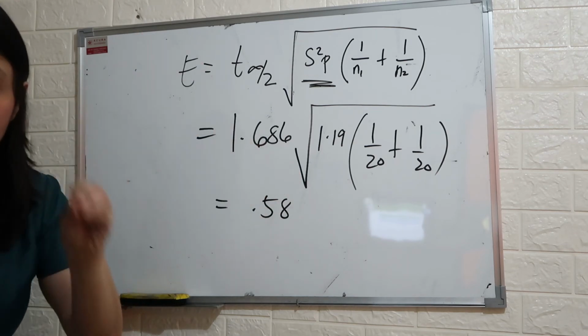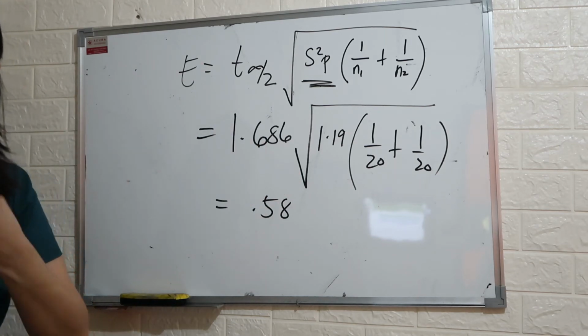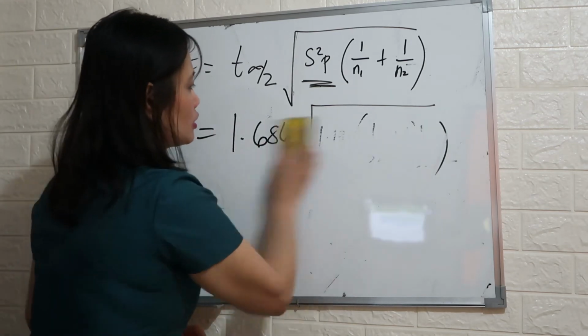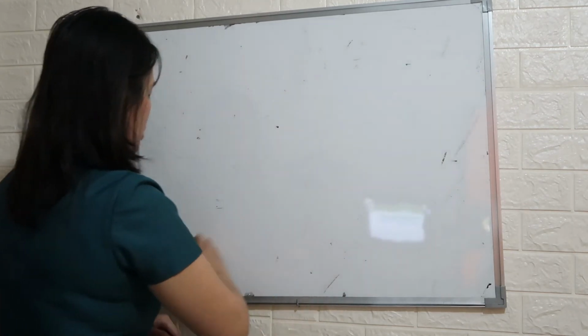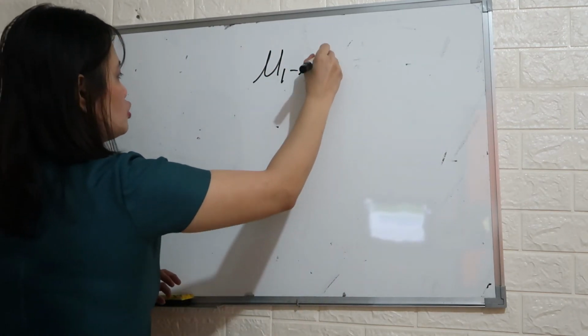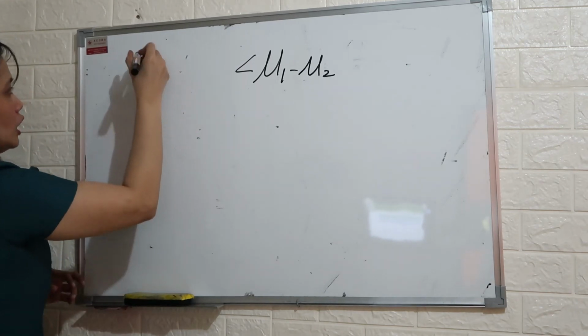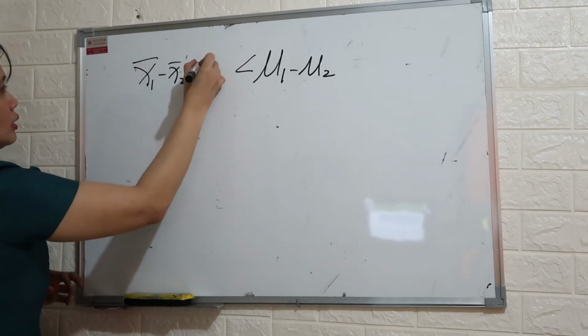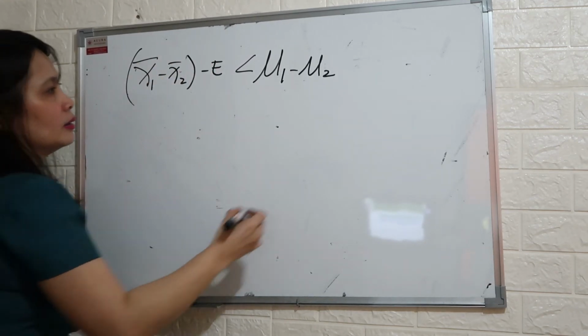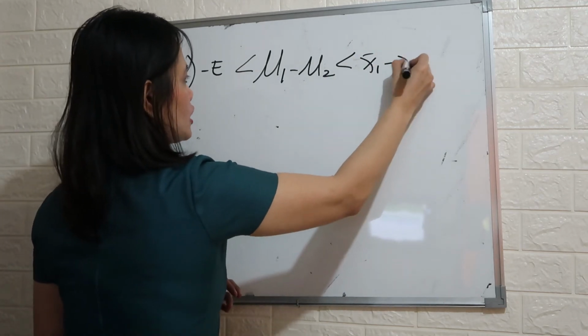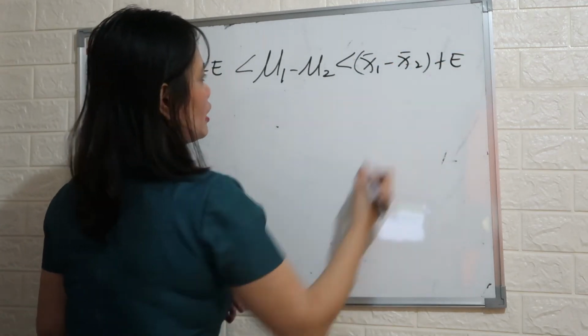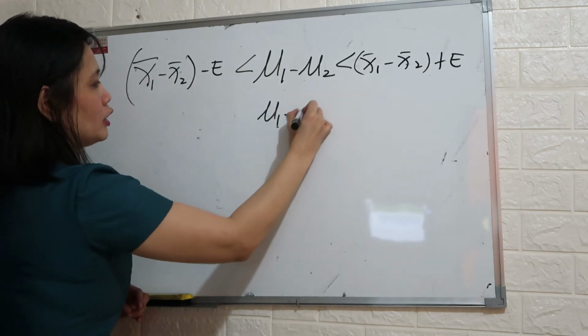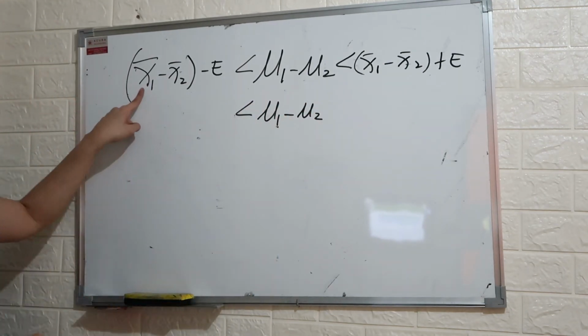Now, we can solve for the confidence interval. The confidence interval would be mu sub 1 minus mu sub 2 greater than sample mean 1 minus sample mean 2 minus the margin of error, less than sample mean 1 minus sample mean 2 plus the margin of error. What is your sample mean?